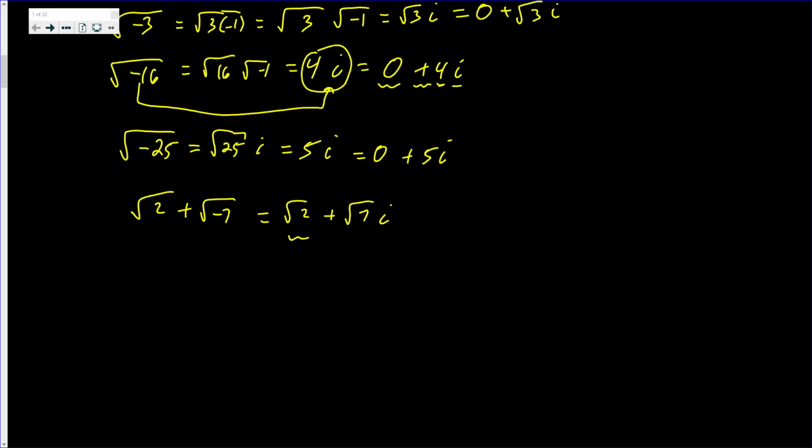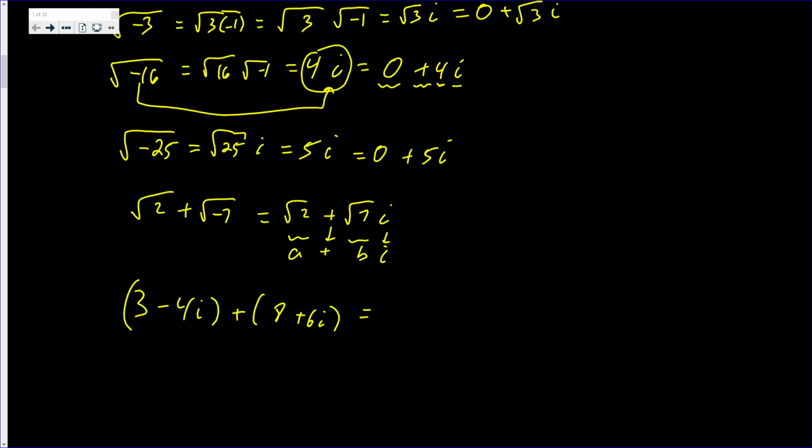I don't know the square root of 2 or the square root of 7, but I do know that it's in a plus bi form. Matches up perfectly.